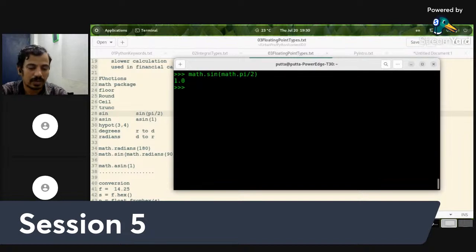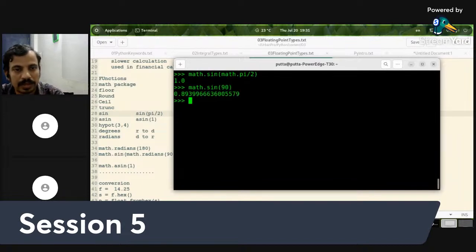Okay. So if I want to perform sine of 90 and I give it this way, it is wrong. Why am I getting 0.89 here? Why do you think so? It thinks that this 90 is not 90 degree but 90 radian. Anything that you give here should be given in radian measure.